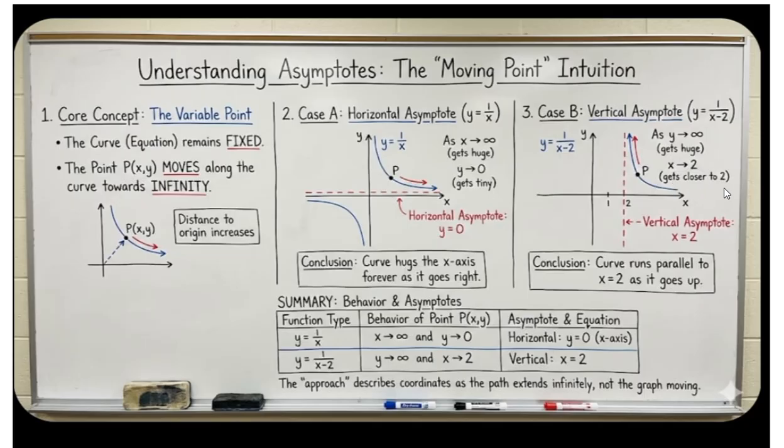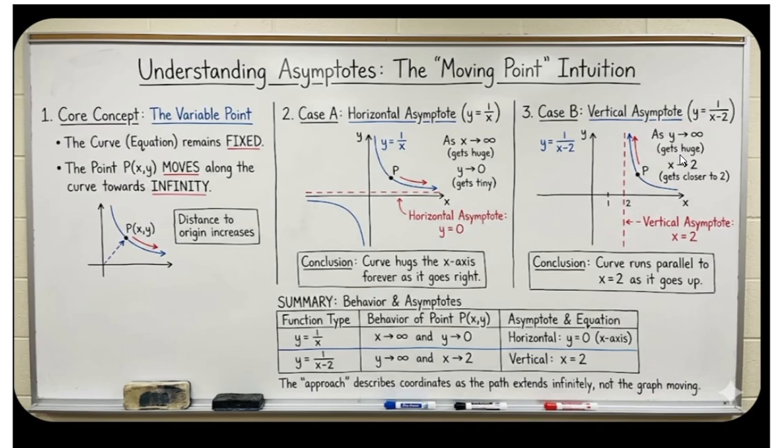As x approaches infinity, y approaches 0, it means that y = 0 is a horizontal asymptote, as I told you in this case. The curve runs parallel to the x-axis.